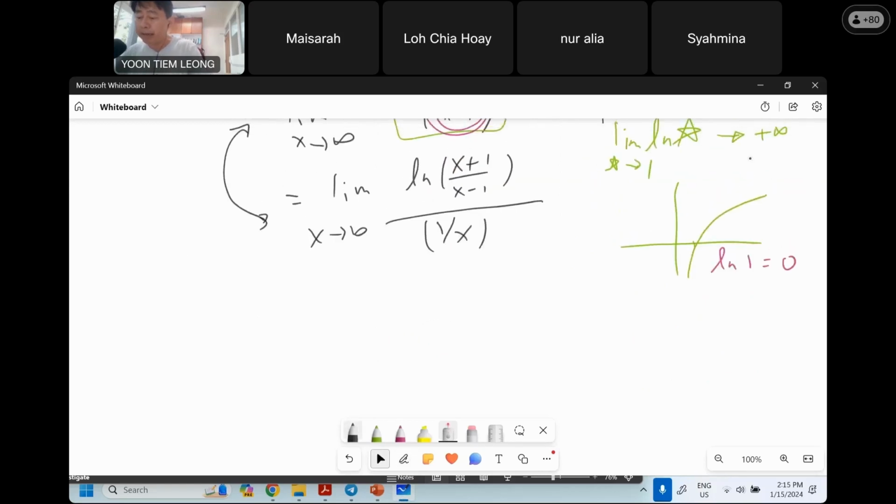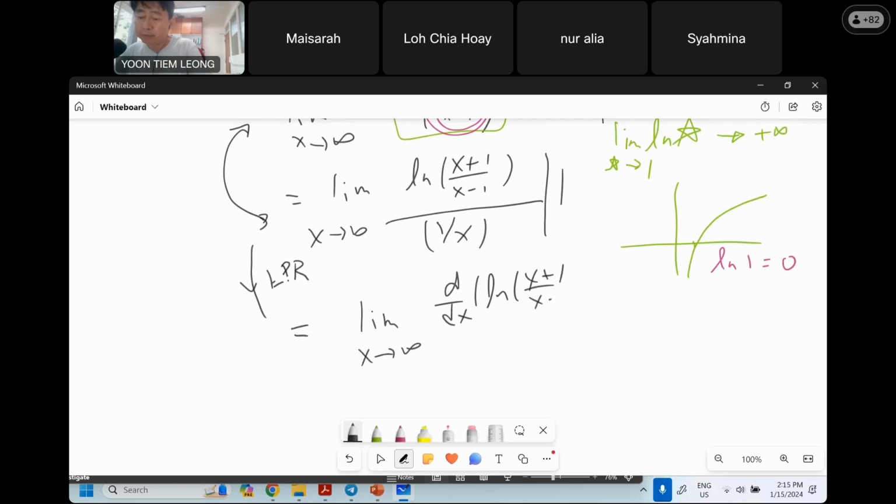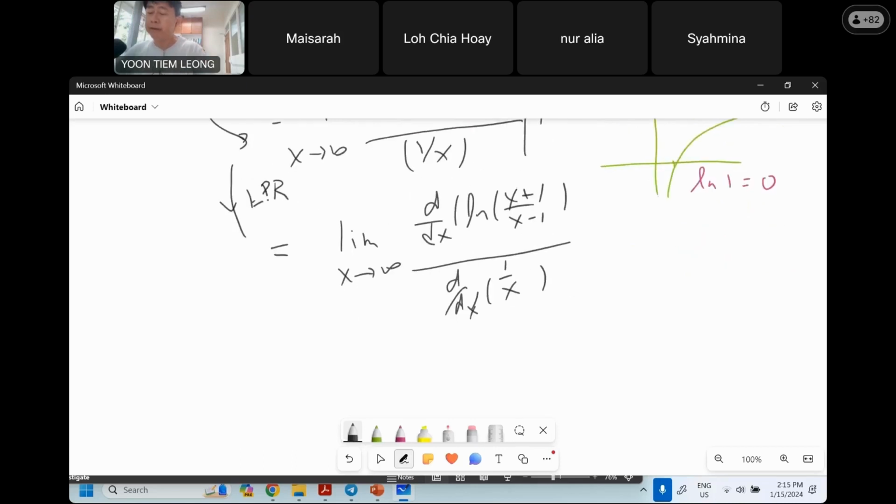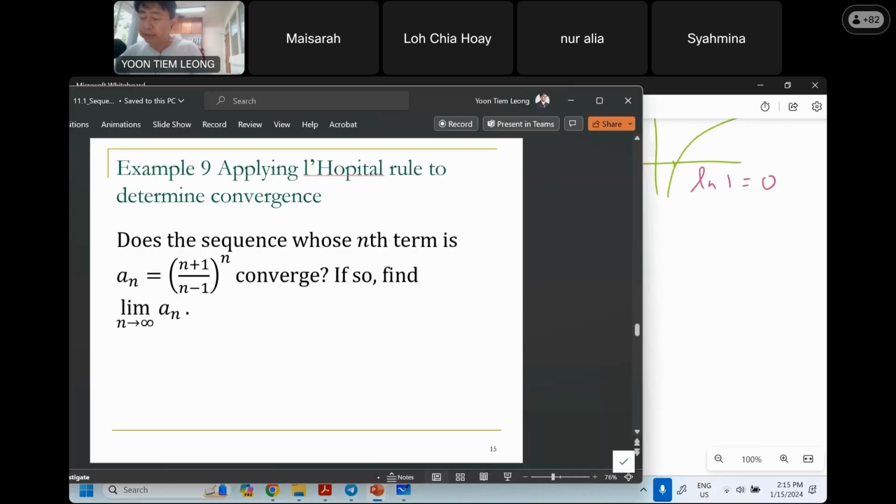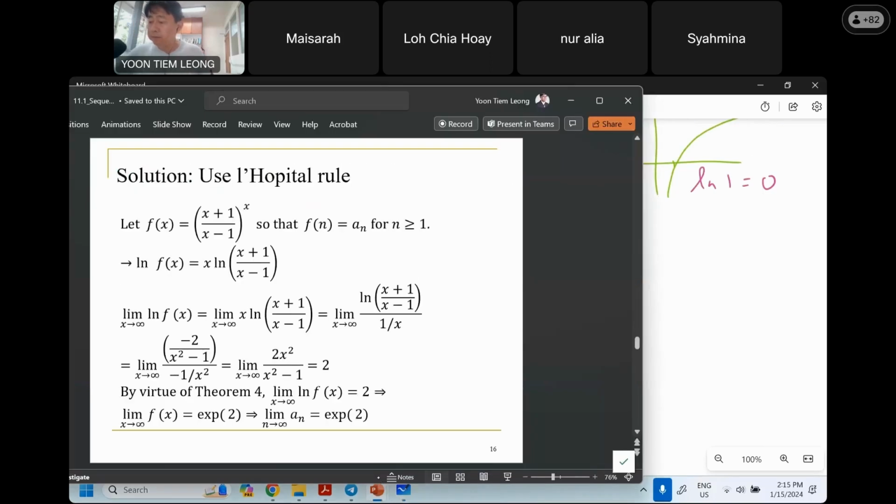Therefore, I can apply the L'Hopital rule. The L'Hopital rule says that this limit is the same as the limit of x going to infinity of d/dx of ln of (x plus 1 over x minus 1) over d/dx of 1 over x. So that would be a complicated expression to evaluate, and I'm not going to evaluate this expression. Instead, I'm going to copy this result from the slides.